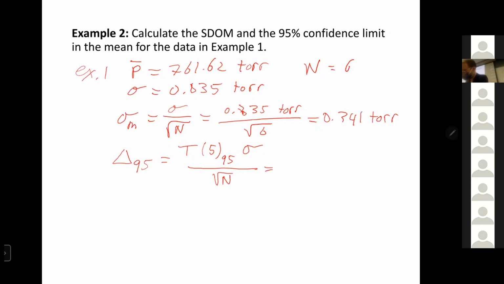So this is equal to 2.57 times sigma, which was 0.835 torr, divided by square root of 6. And this is going to come out to 0.876 torr.